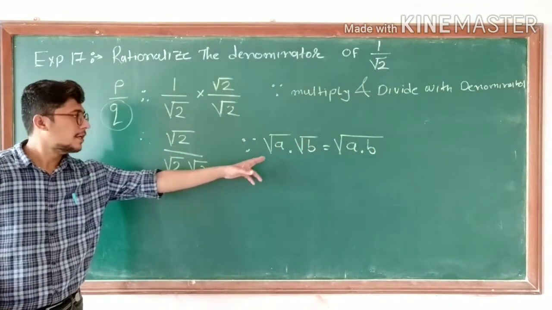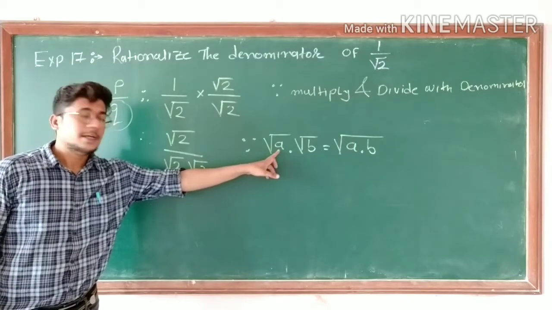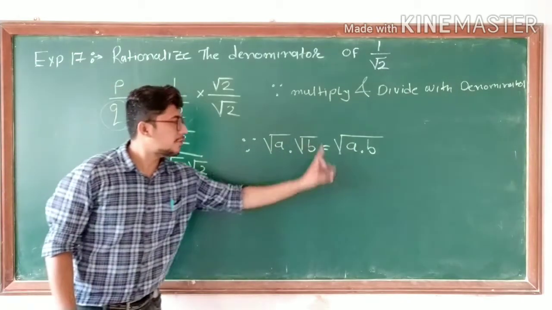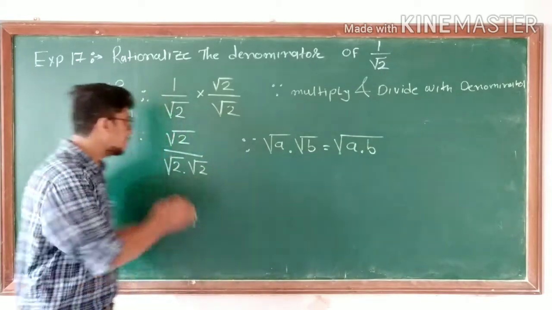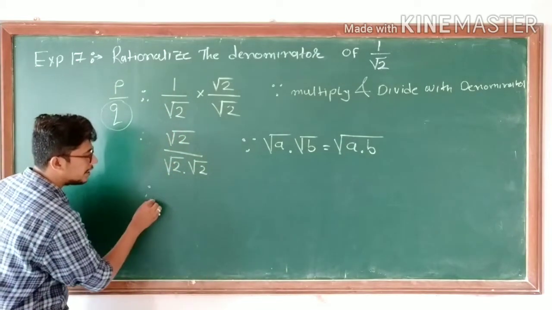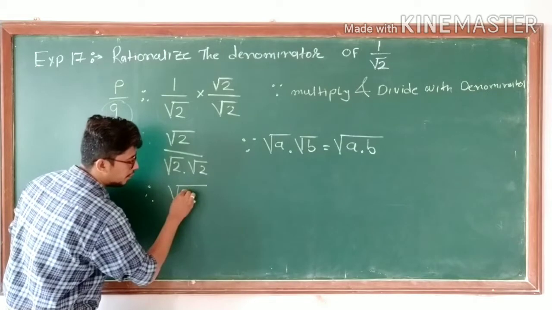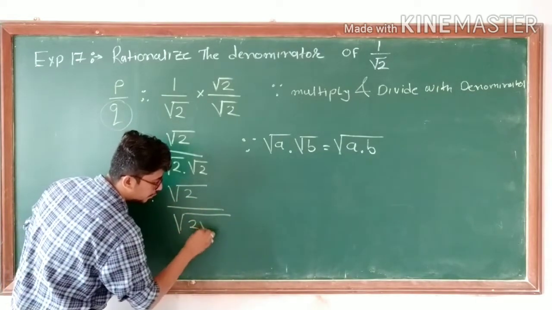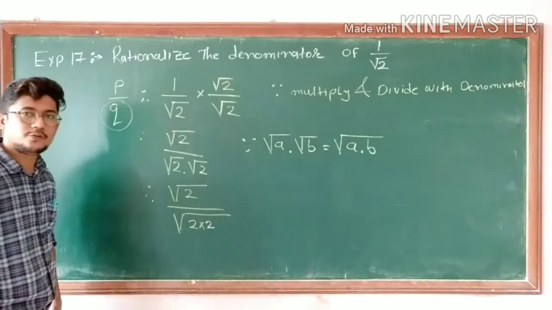Yes. Since here a is 2, b is 2, so we can write square root of 2 into 2. So this value can be changed in the form of square root of 2 divided by square root of 2 into 2.